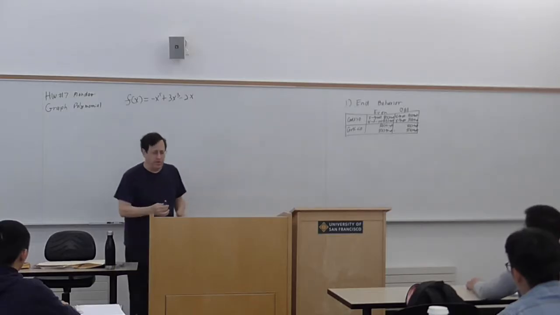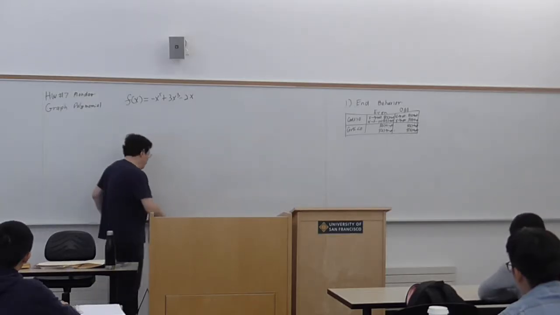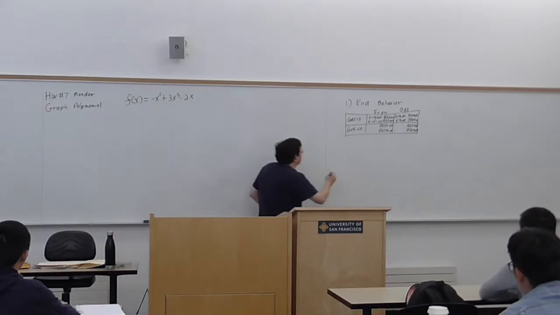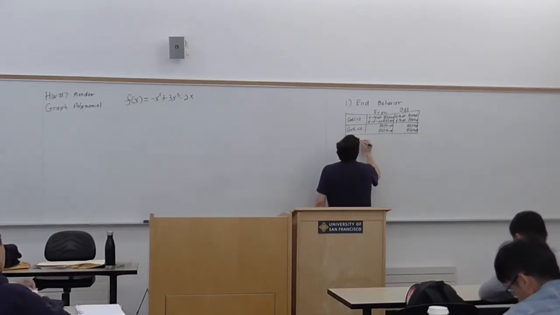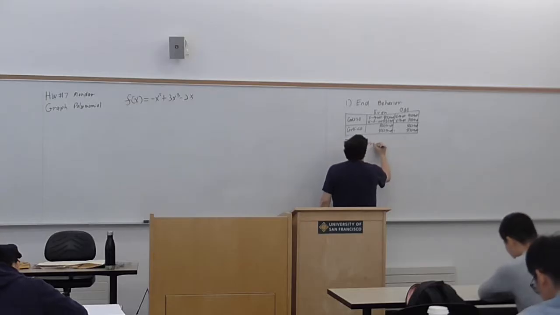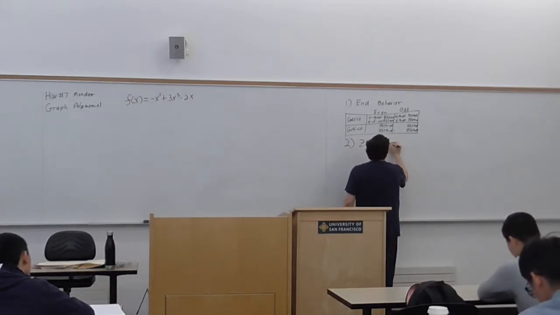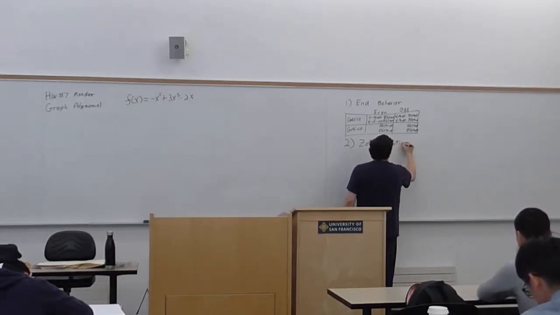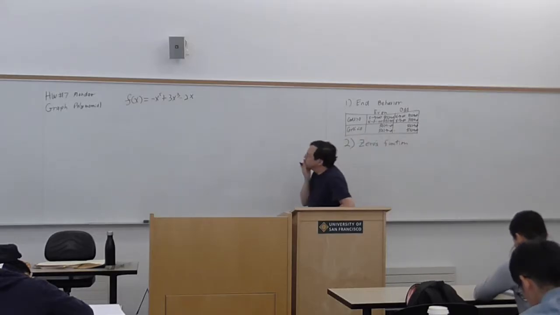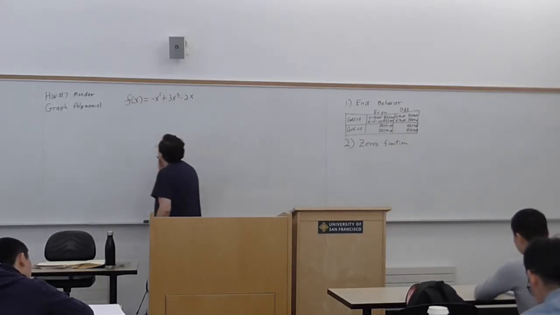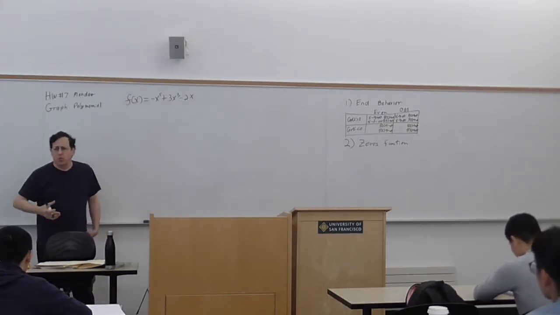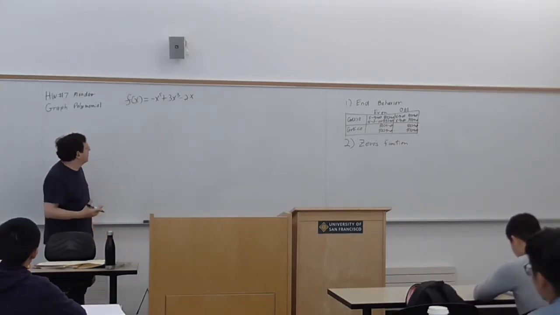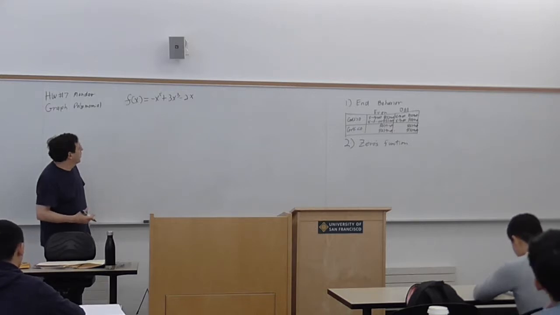The next thing I want to talk about in our toolkit is the zeros of the function. Before I talk about what we do with the zeros, I want to clarify.